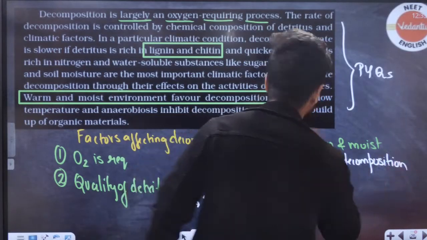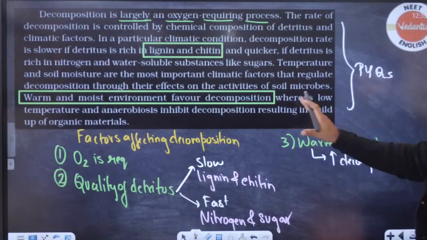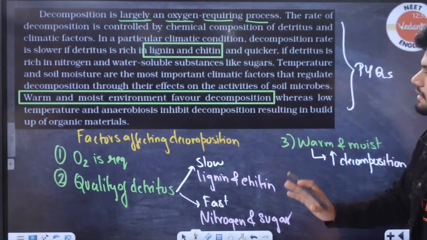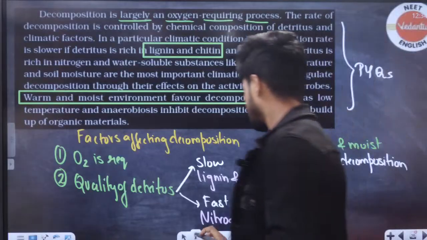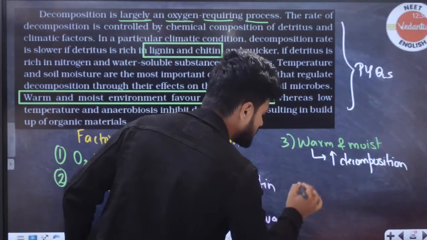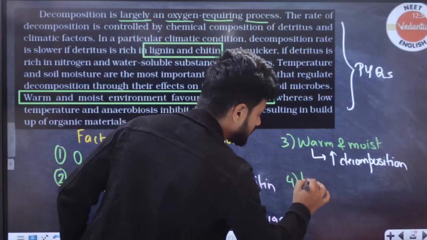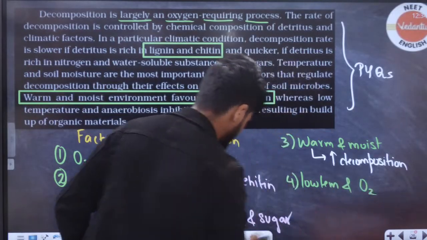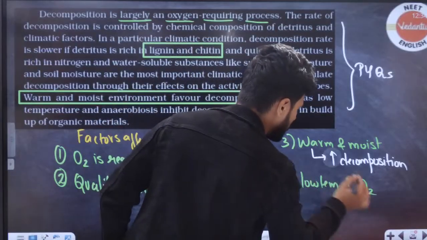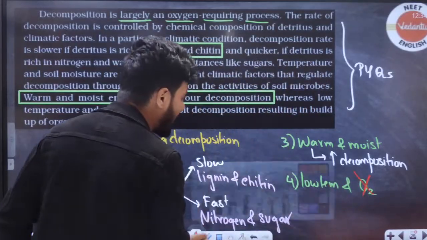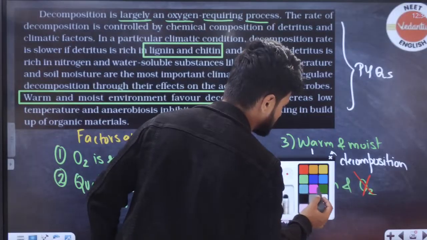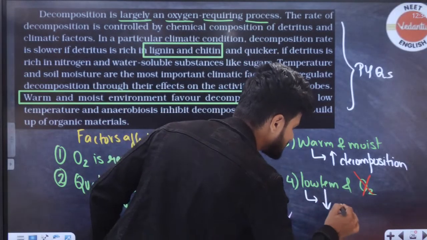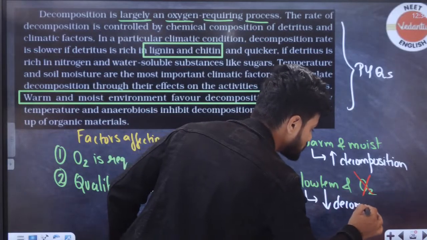Whereas low temperature and anaerobic conditions inhibit decomposition, resulting in the building up of organic matter. Students, are you writing down? Low temperature, and if oxygen is not present, that is an anaerobic condition, what has happened? The decomposition rate decreases.